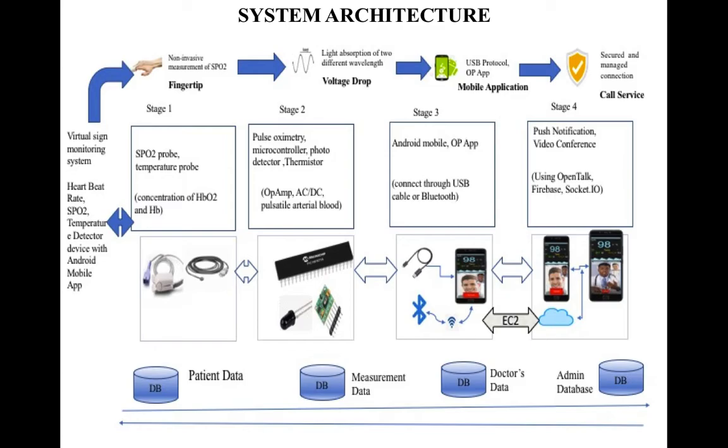The ranges are measured through the light absorption in the finger and sent to the OP app through the Bluetooth module connected in the detector device. If the ranges are high, it sends a push notification to the doctor's mobile, and then the available doctor can contact the person back and a video conference can be done through the OP app.